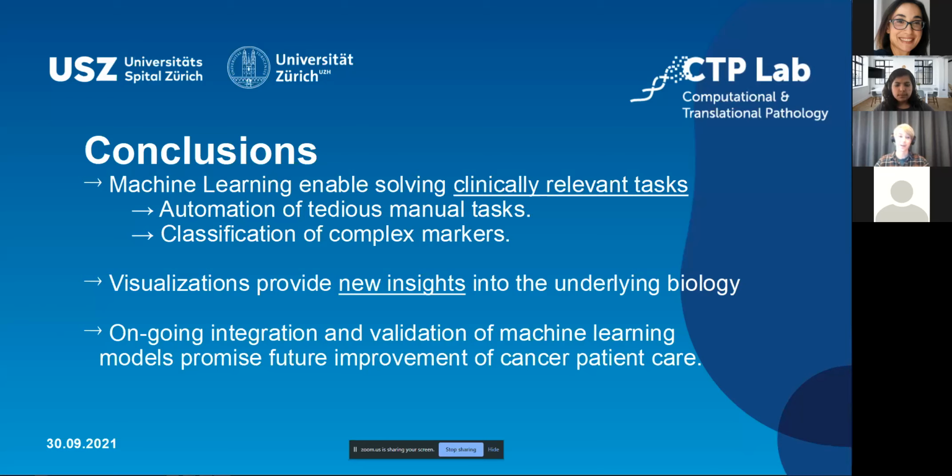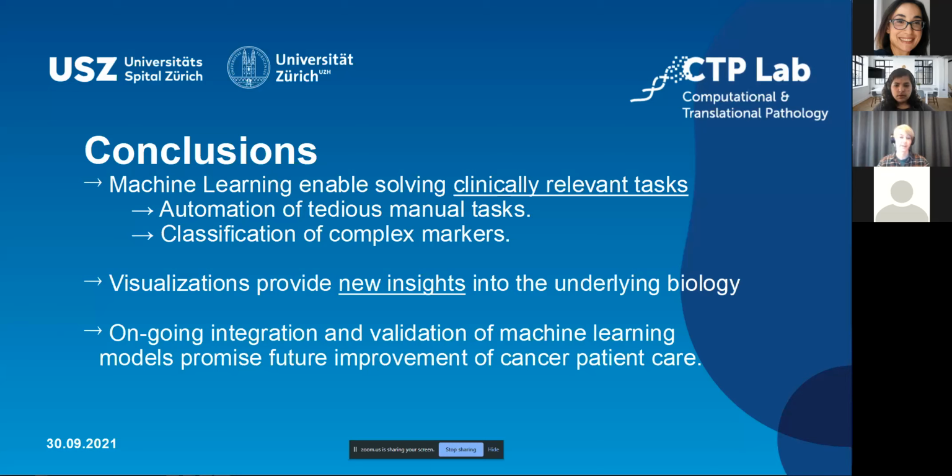So to conclude, I hope I was able to show you that machine learning models are able to solve clinically relevant tasks, as they can help to support and automate tedious tasks, such as the segmentation of tumor regions, but they also enable classifying complex markers from image data as was not possible before.